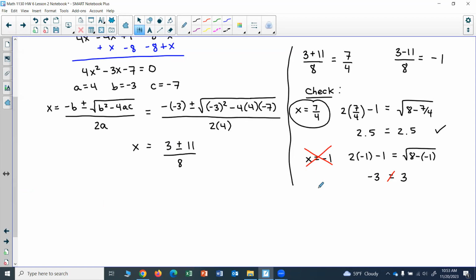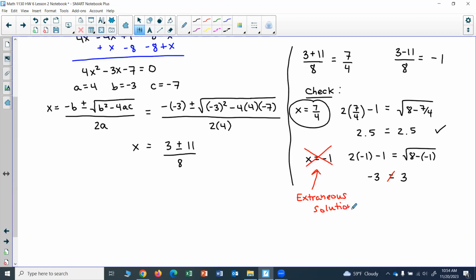It comes up as a solution when I solve, but it doesn't actually create an equal expression on the left and the right in my original equation. So we call that an extraneous solution.